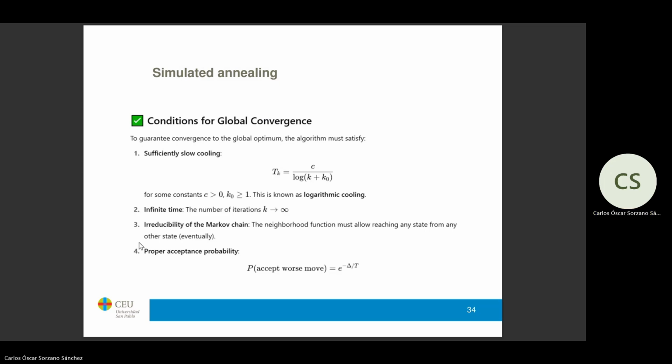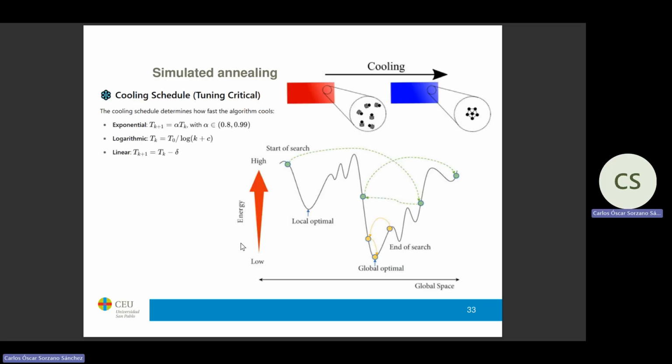There is some condition for that: the neighborhood function must allow reaching any state from any other state. So this neighborhood must be such that from a given state, you can reach any other in the landscape. If there are some regions that cannot be explored, and the global optimum is there, then you cannot reach the global optimum.